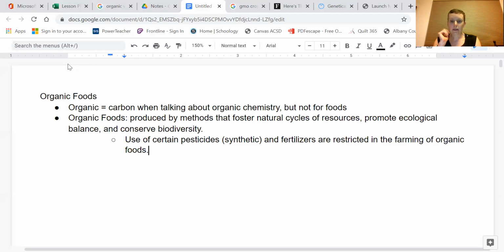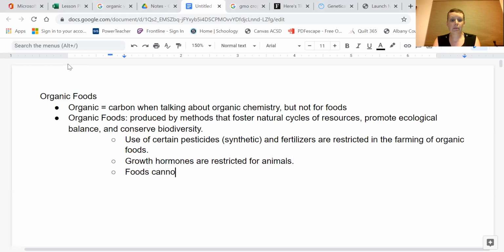So synthetic pesticides, synthetic fertilizers, synthetic herbicides, those things are going to be restricted or not allowed when you are farming organic foods. Growth hormones are restricted for animals. So organic doesn't always mean vegetables or fruits. It can also apply to meat. And if you are selling meat that you are labeling organic, that means that you were not using growth hormones in your animals.